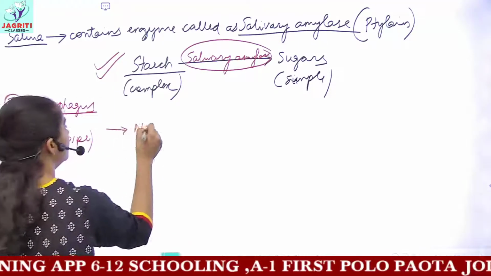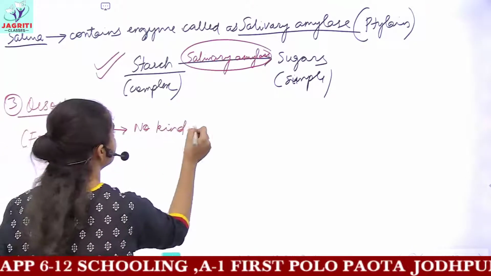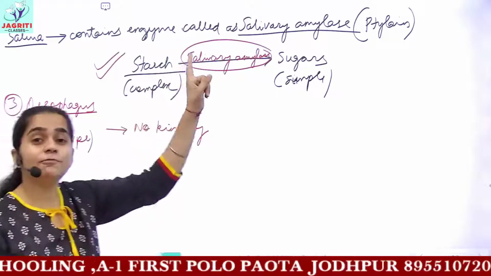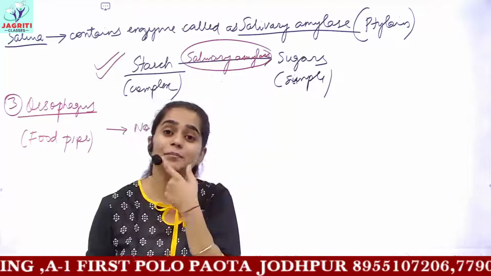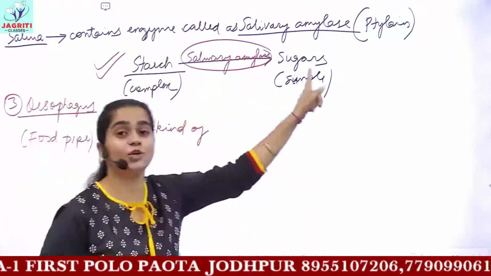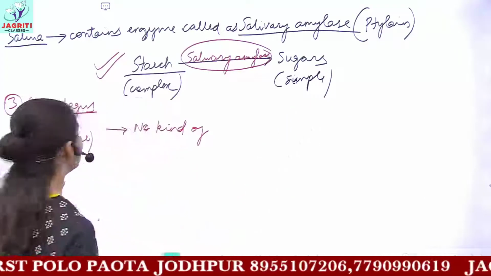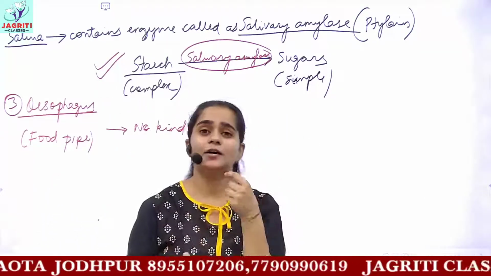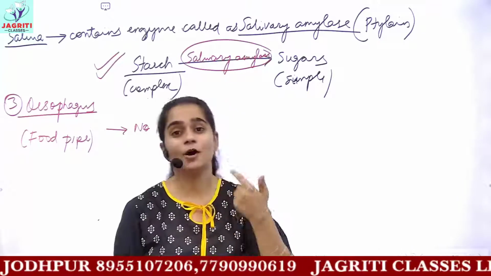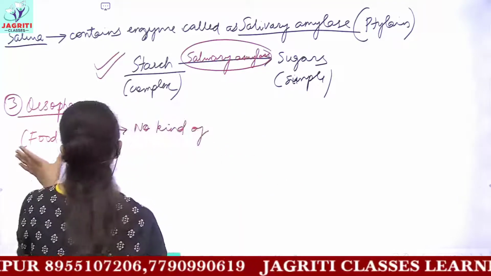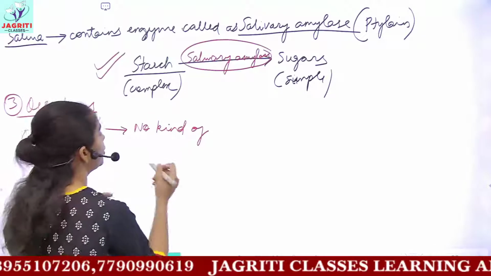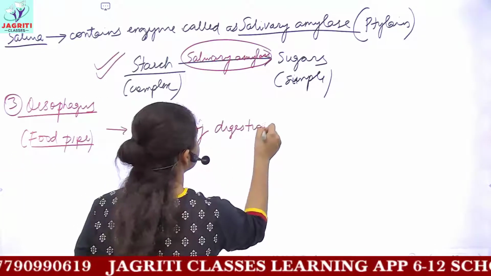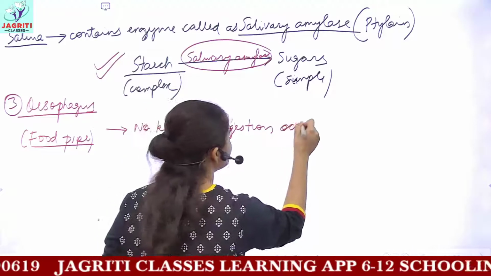Remember, we had our first digestion in our mouth, that is, the conversion of starch into sugars. The esophagus is just a transporting system that transports your food from the mouth to the stomach. So esophagus is just a food pipe, and no kind of digestion occurs in the esophagus.